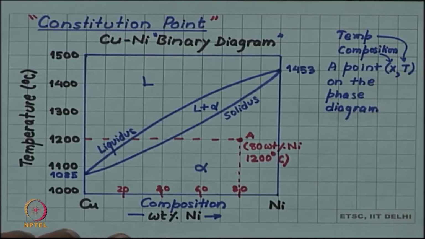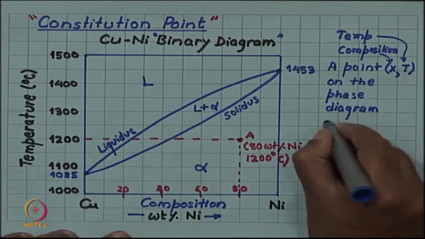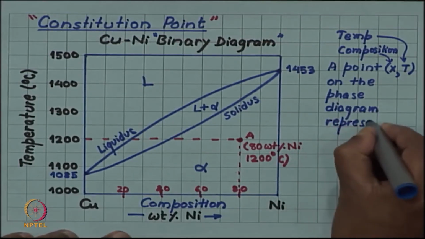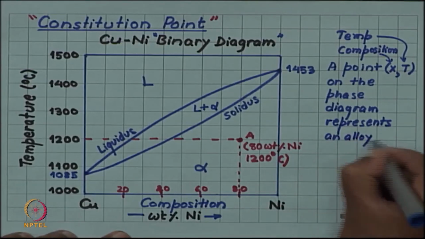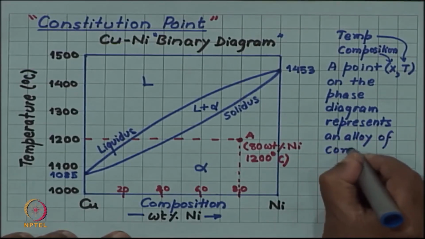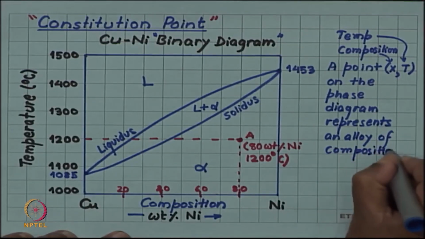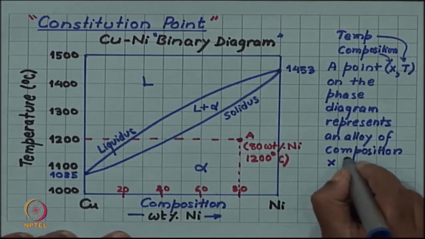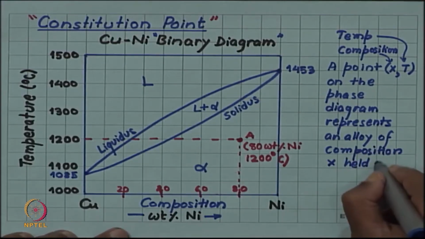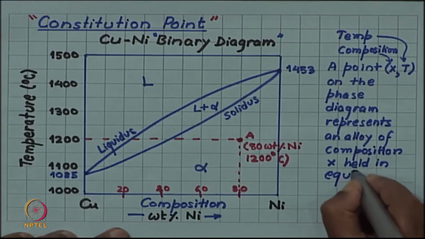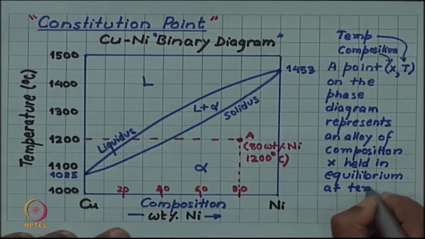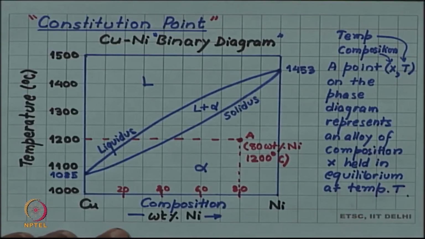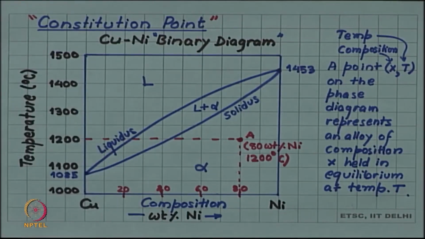So, any point x, T in the phase diagram represents an alloy of composition X held in equilibrium at temperature T, and that is the point which I am for the moment naming as constitution point.